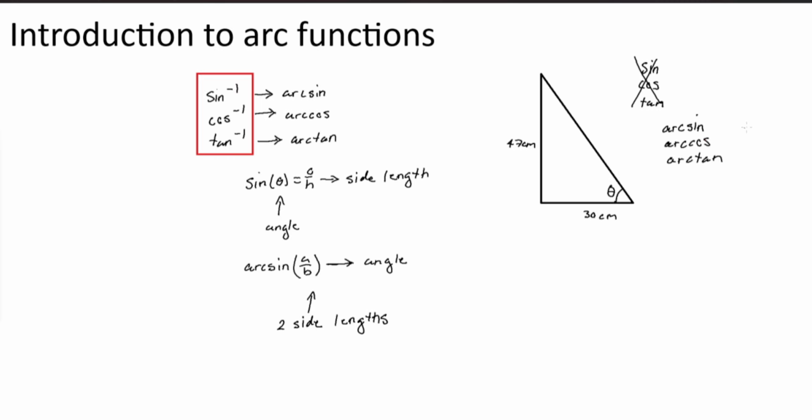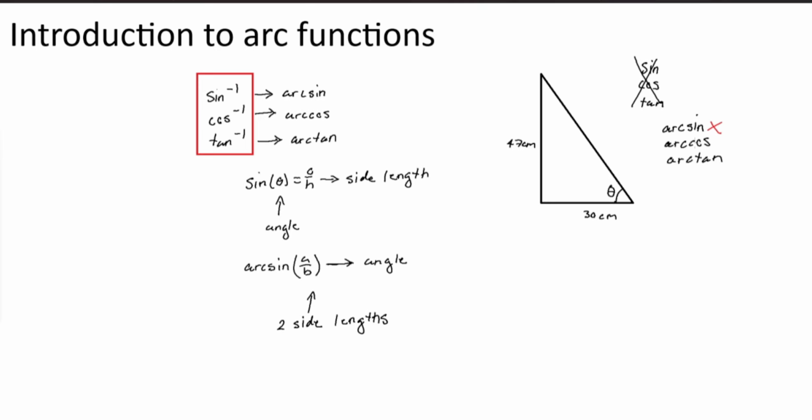So out of arc sine, arc cosine, and arc tangent, which one are we going to be using? Well, let's look at arc sine here. Arc sine involves the same properties as sine. Sine uses the hypotenuse and the opposite side. We have the opposite side here, but we don't have the hypotenuse, so we can rule that out.